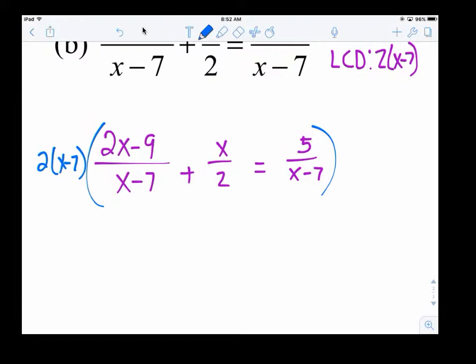Okay, so when I do 2 times x minus 7 times the first term, right, x minus 7s will cancel, and you're left with 2 times 2x minus 9, right? And then what about the second term? What do you get?